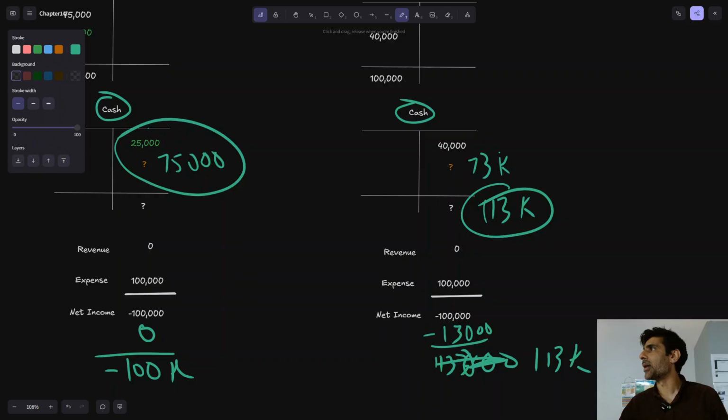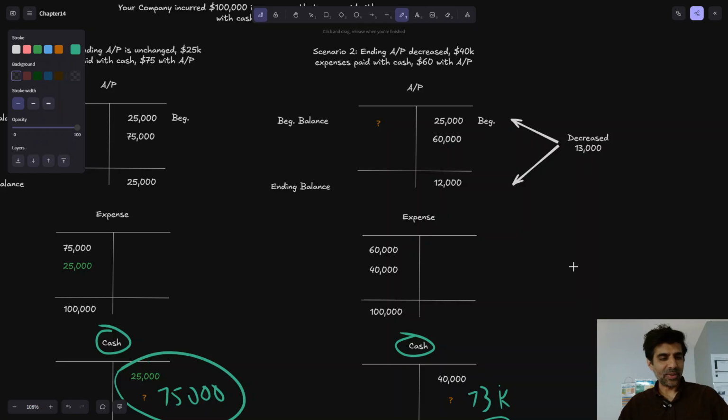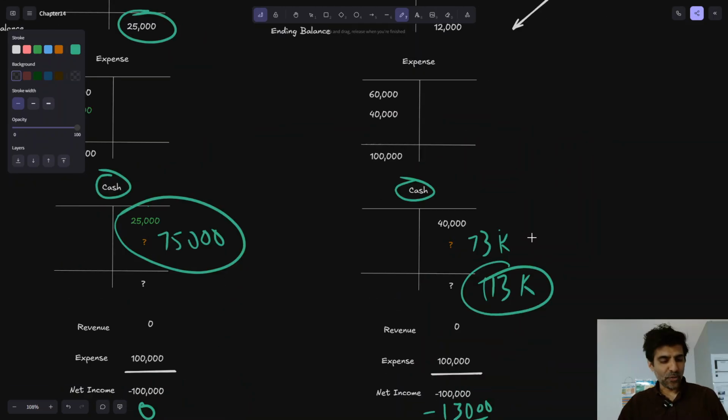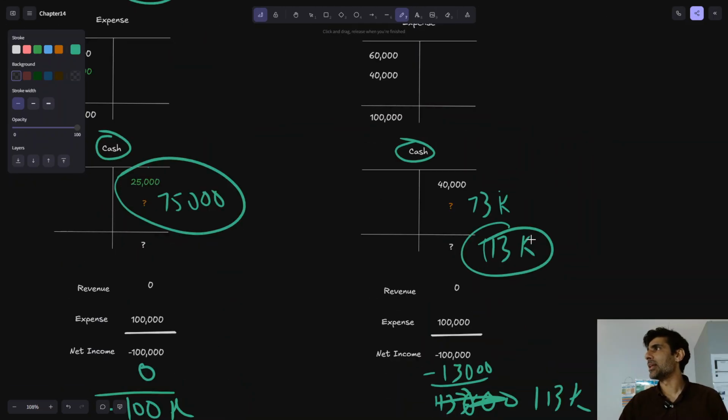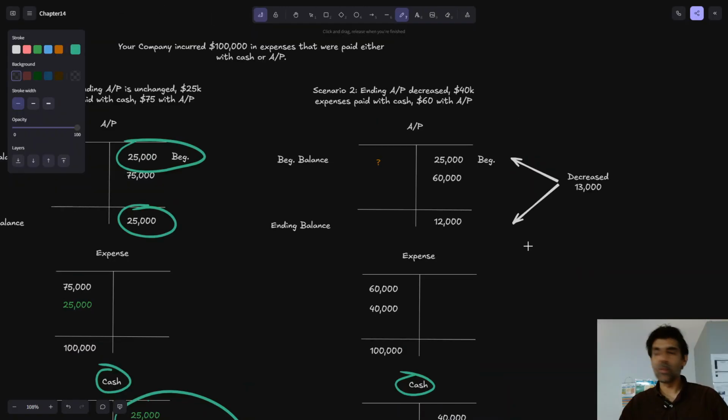This is really what we care about. Look, this AP is unchanged, so there's no adjustment to net income that we needed because this account payable did not change. This account payable was 25,000. What do we say here? This was 73,000.